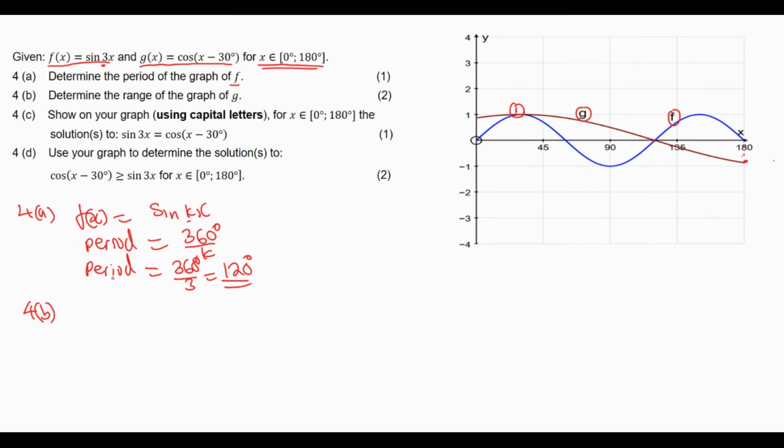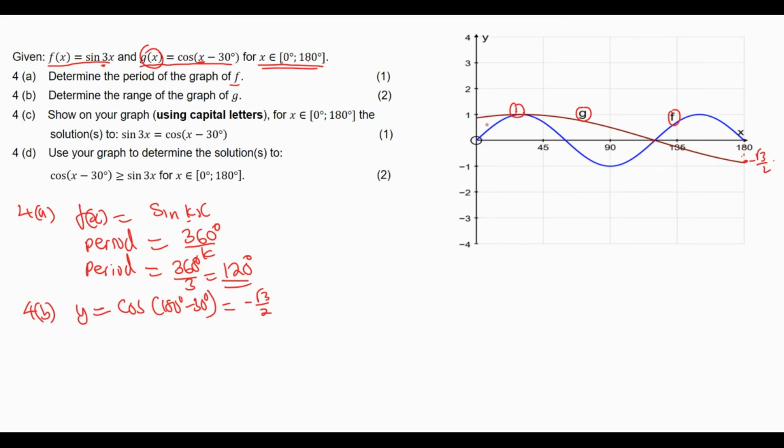So what can we do? Where there is x here, we put 180 degrees. And then g of x is our y. So y is equal to cos of 180 degrees minus 30 degrees. Then you can put this in the calculator. You'll get that this is -√3/2.